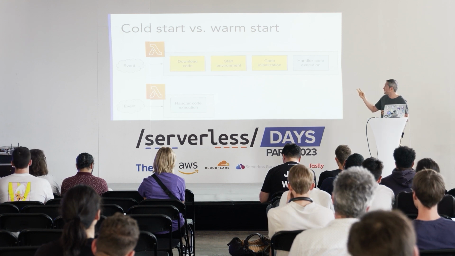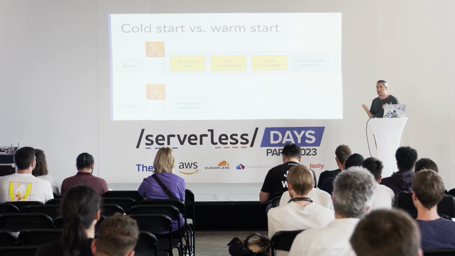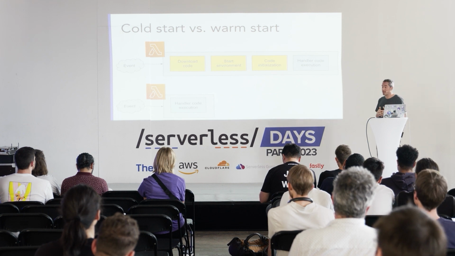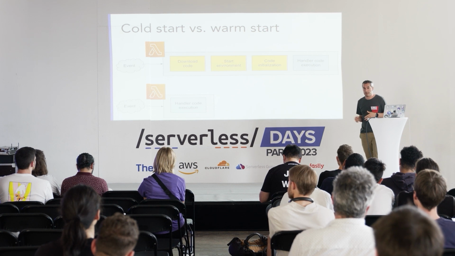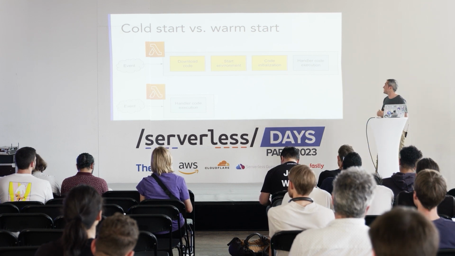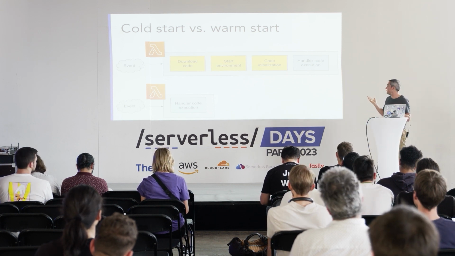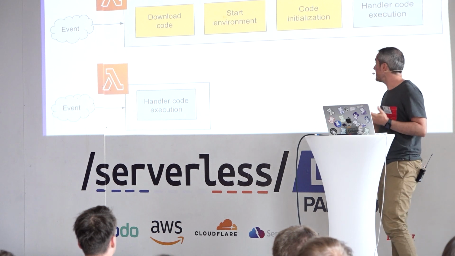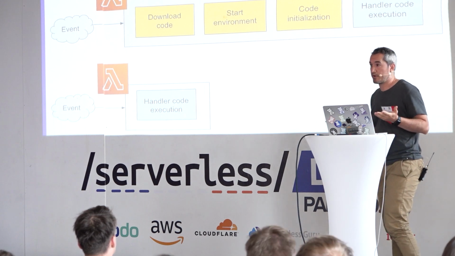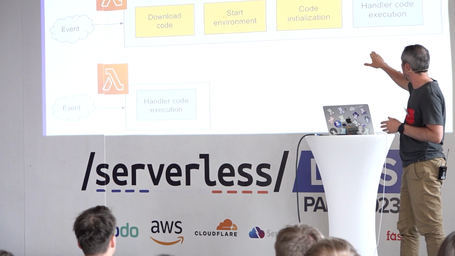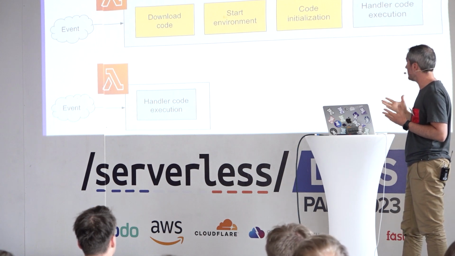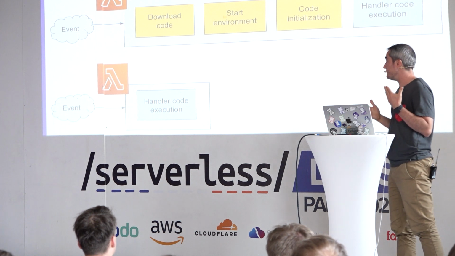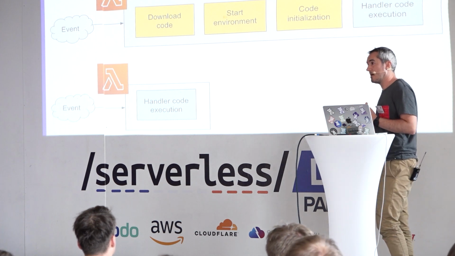For the first 2 parts, download code and start environment, this does not really depend on the runtime. If you use Go or Rust or Python or Node.js, download code and start environment would be approximately the same. It will spawn a Firecracker VM under the hood. But then you have code initialization, and this is what we are going to see today: how different runtimes will impact cold start duration.